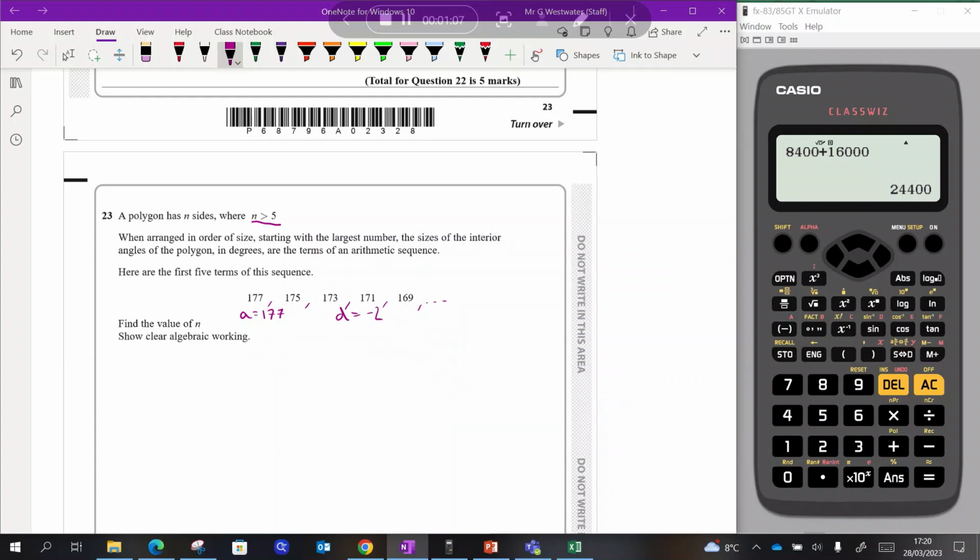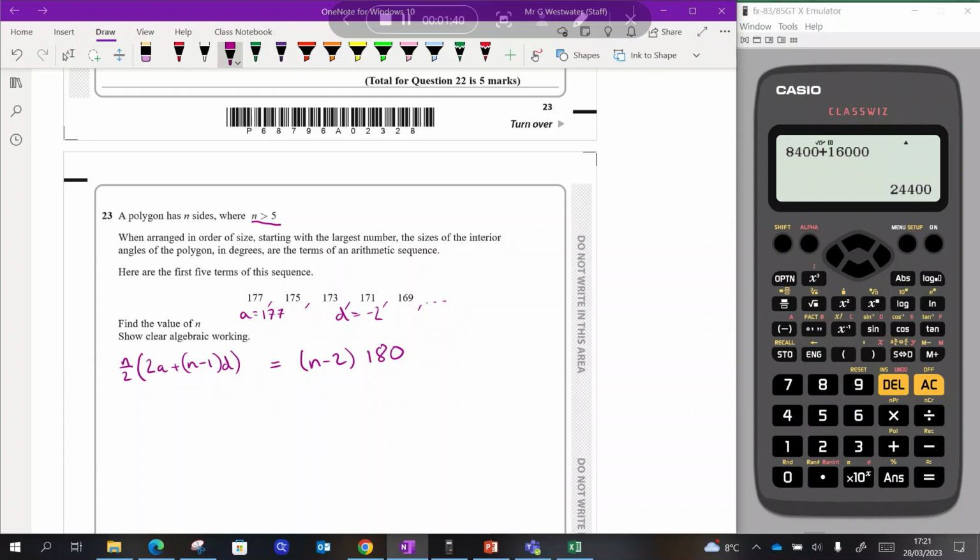So the sum to n, again, this is right at the front in the formula book, is n over 2, brackets 2a plus n minus 1 d. So this is going to be the sum of all of these angles. And this should equal the sum of all the angles within this n-sided polygon, which is n minus 2 times 180.